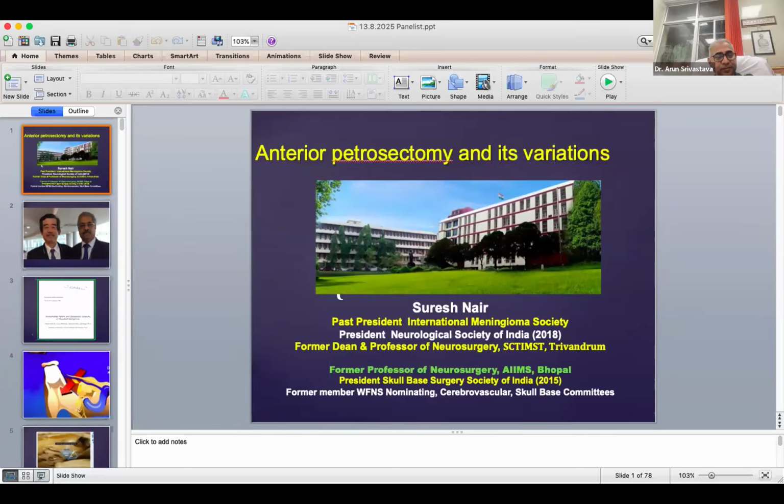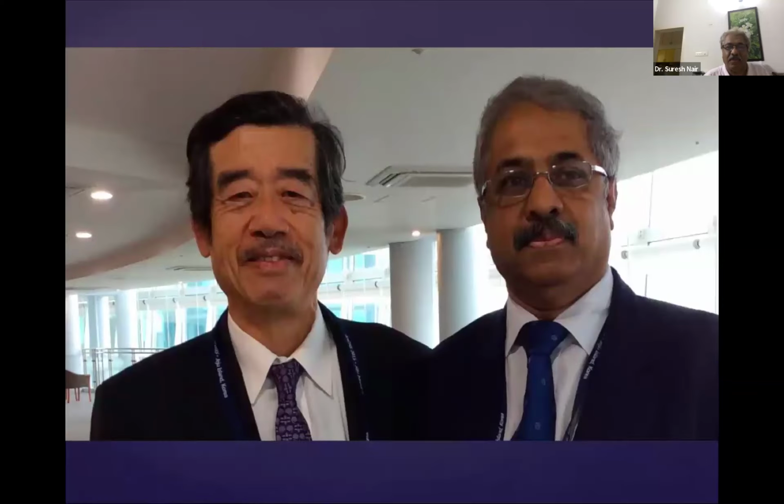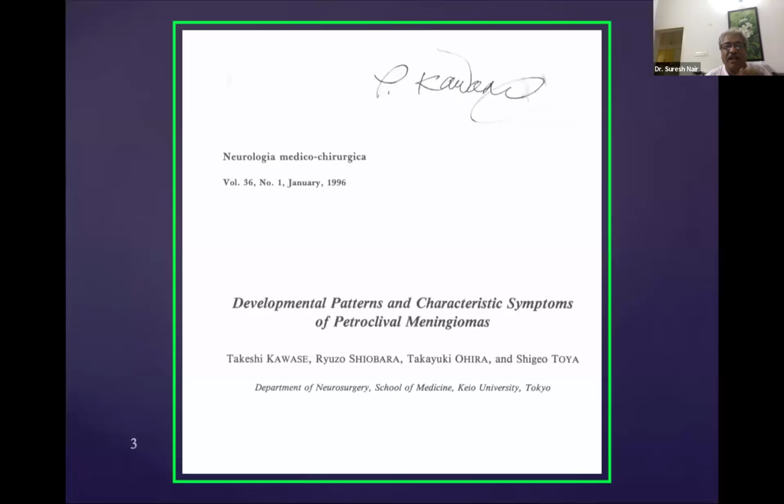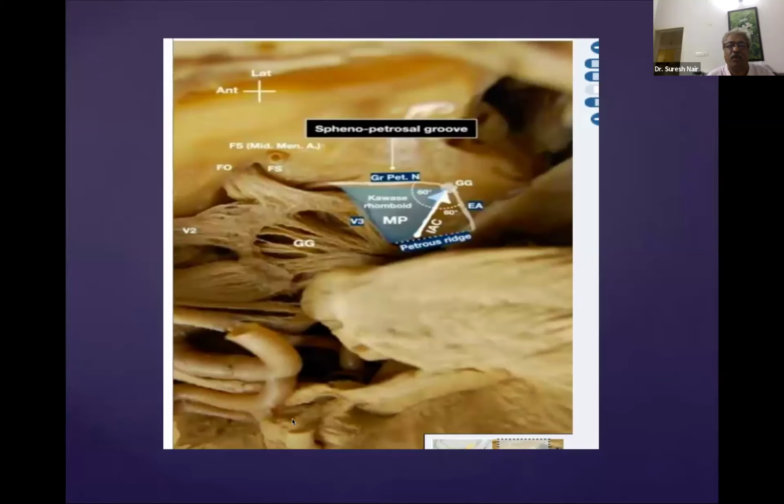Thank you, sir. Are you seeing my slides? Yes, sir. Okay, very much. I will highlight some points which are important for anterior petrosectomy. And this is the great man who initially described this approach, and an article which he gifted to me when I visited. This is the whole thing, and this is the rhomboid or whatever you can call it.